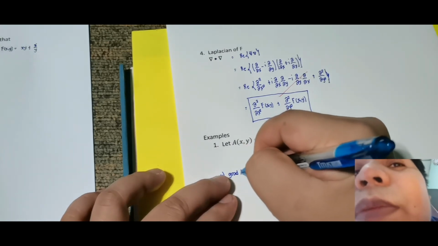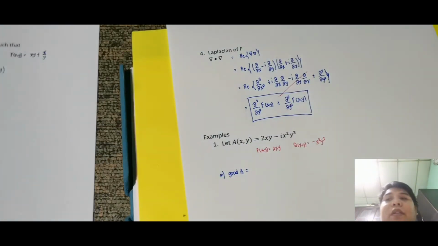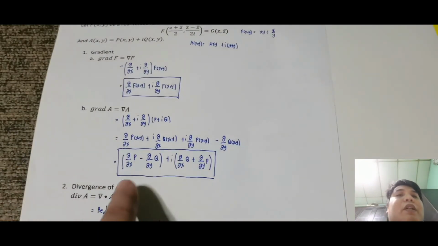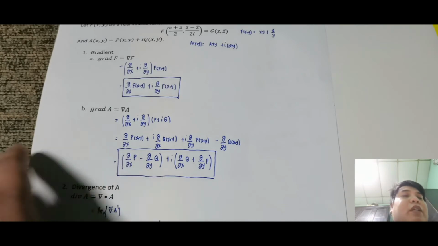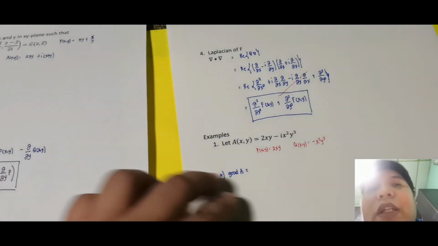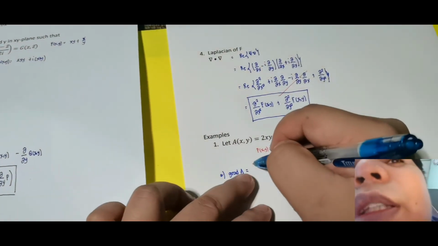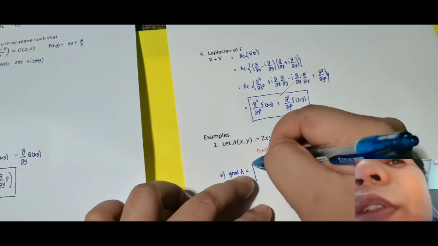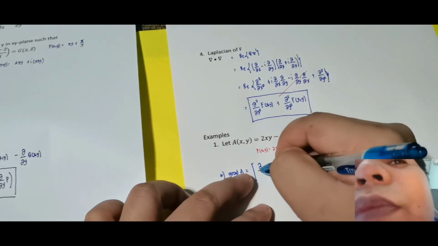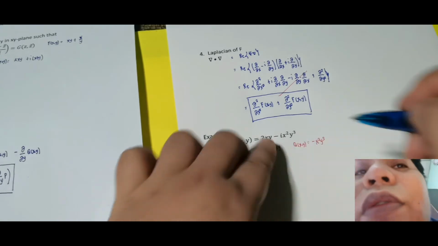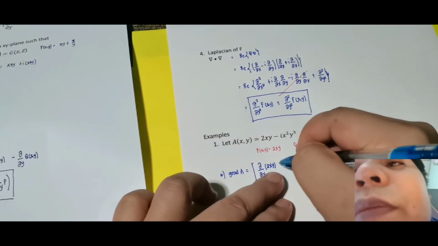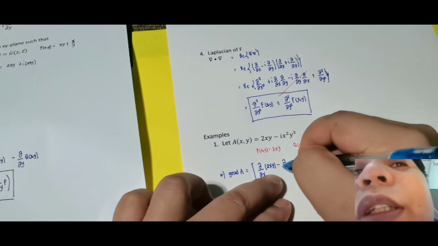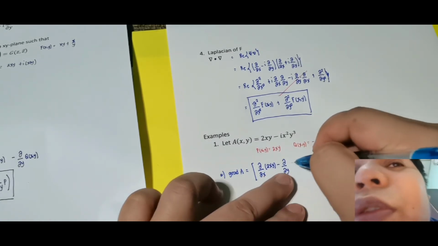So, what is the gradient of a? Note the formula: the gradient of a is the partial derivative of p minus the partial derivative of q with respect to x and with respect to y, respectively. So the first one is the partial derivative with respect to x of p, that is 2xy, minus the partial derivative with respect to y of q. What is q?